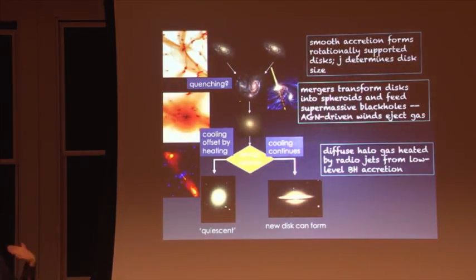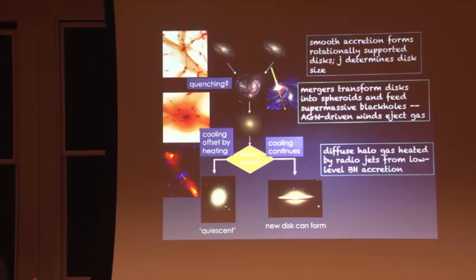And I already gave a very brief overview of this basic picture for why we see these different types of galaxies. So the cartoon picture is that we have this smooth accretion of gas that forms rotationally supported disks. And this gas has some angular momentum because of tidal torques in the early universe. And so that settles until the angular momentum supports the disks. And then we have this fundamental prediction of the hierarchical picture that galaxies are merging all the time.